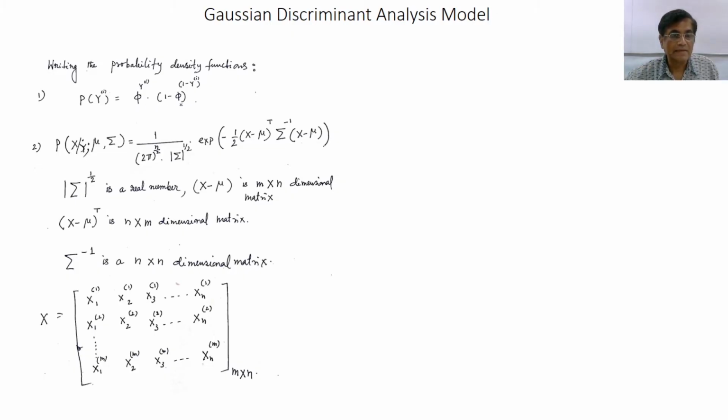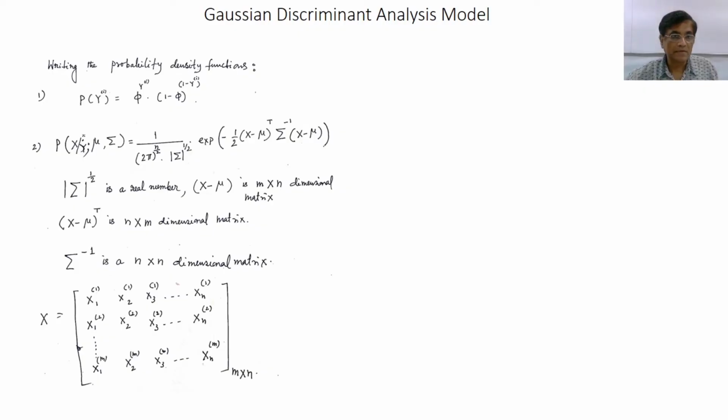And what extra I have assumed is that x, the features, are continuous random variables and they follow a Gaussian distribution. This is the formula for the multivariate Gaussian distribution. Here the parameter phi needs to be evaluated from the sample, which is a part of studying; you can call it a training process. And the parameters mu and sigma, the variance, need to be figured out from the sample.